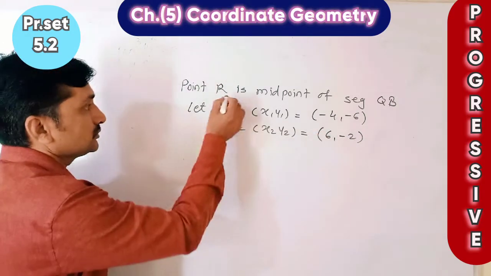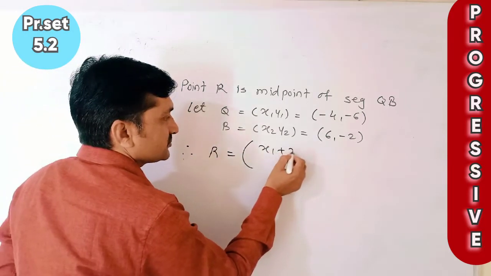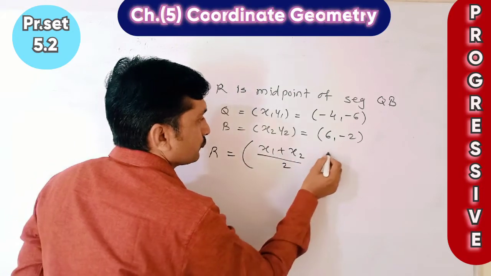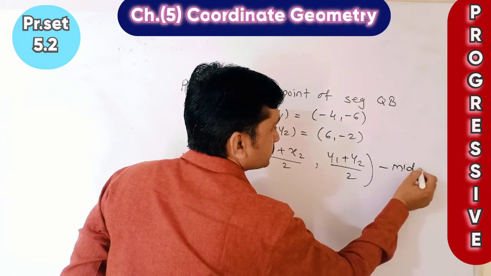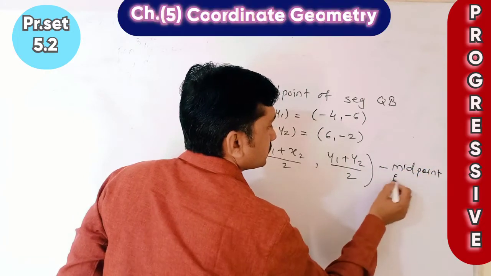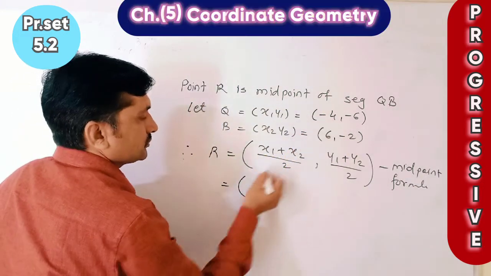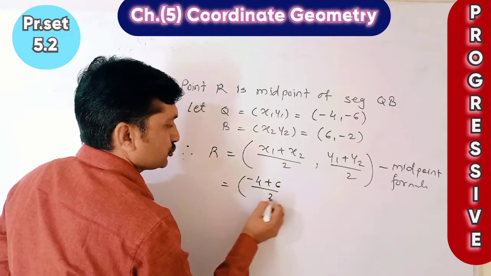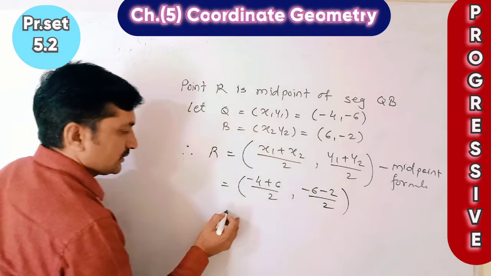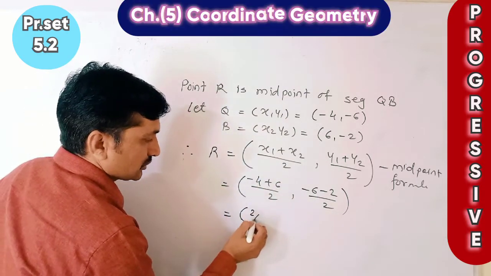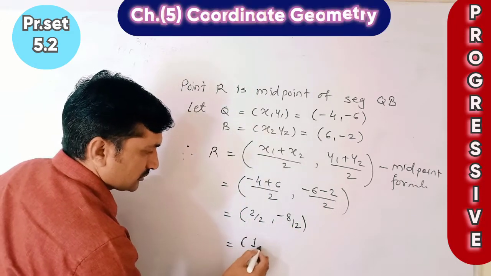Now by the midpoint formula let's find the coordinates of point R. R is equal to (x1 + x2) upon 2, (y1 + y2) upon 2, which is (-4 + 6) upon 2, (-6 - 2) upon 2, equal to 2 upon 2, -8 upon 2, equal to (1, -4).